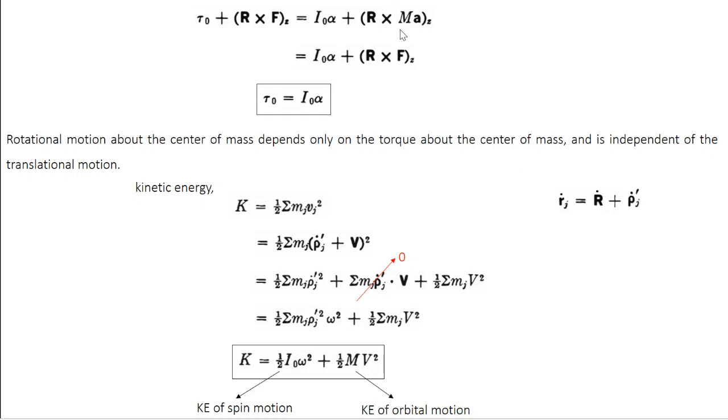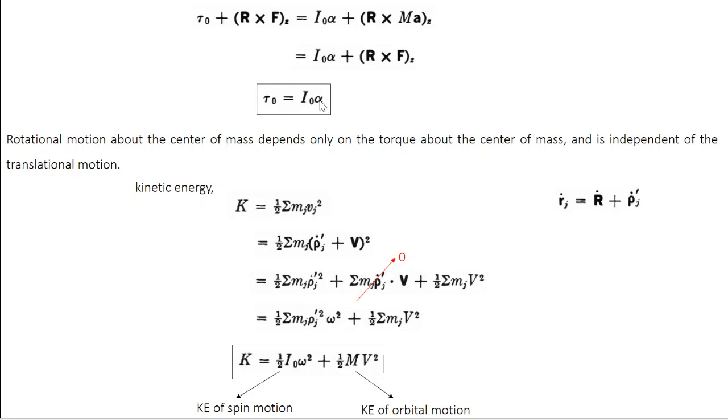And m into a is nothing but the total applied force capital F. So the right hand side becomes I naught alpha plus R cross Fz. Now you compare the left hand side and right hand side. The second term is common. You can cancel that. Then you get tau naught equal to I naught alpha.